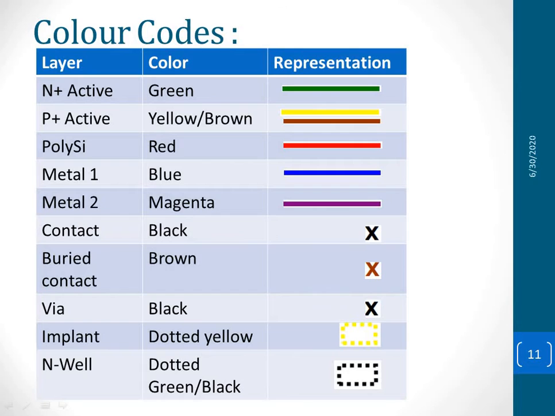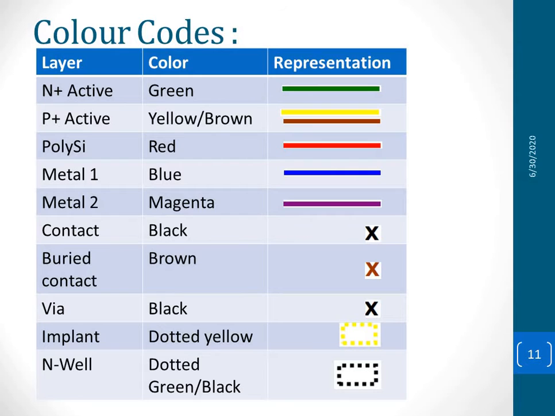So some of the color codes which are used for preparing layouts, as well as the design rules, also have the rules of all the preparation of layouts. So N plus active is green in color.